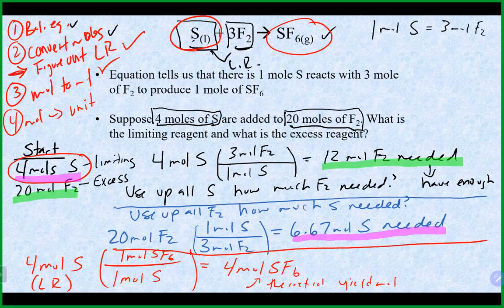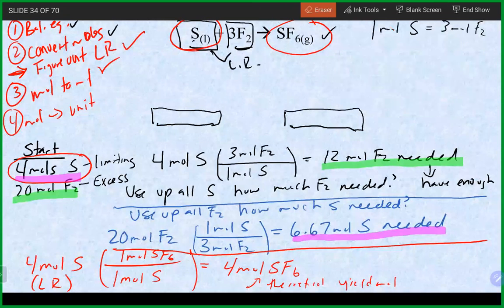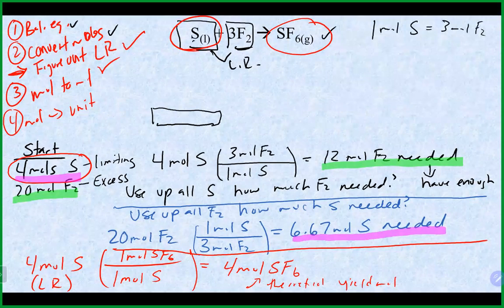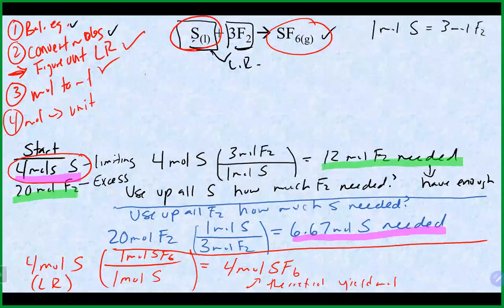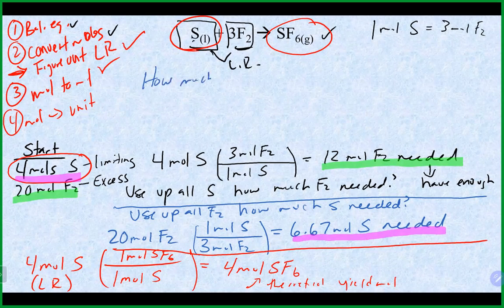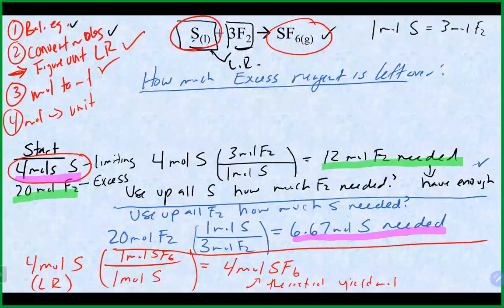Question on that. Now, to finish up for today, we also could use this information to figure out at the end of the reaction how much of my excess reagent would be left over. I could use the calculation that I did here to figure out which one is the limiting reagent to help me figure out how much would be left over.